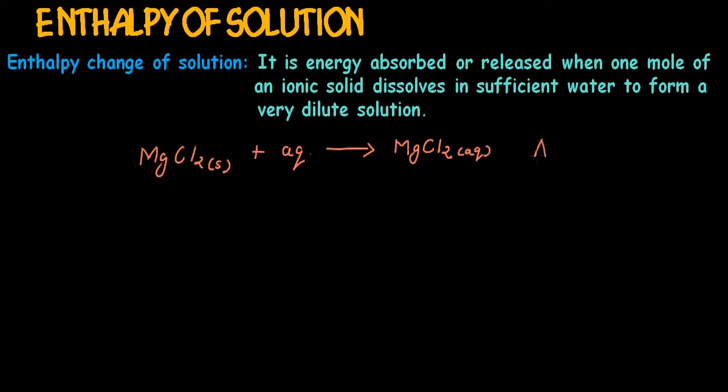Now the enthalpy change of solution for this process, which is denoted by such a symbol, is minus 55 kilojoules per mole. You can see it's a negative value, and this clearly indicates that dissolving of magnesium chloride solid in water is an exothermic process because it's a negative value.